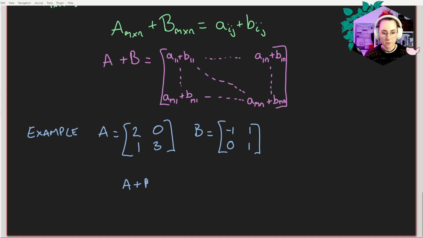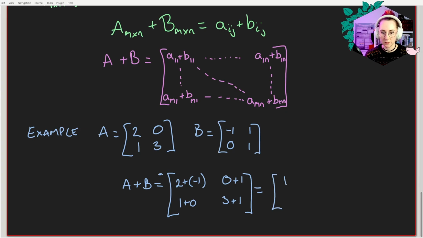Then A plus B is the matrix. So first entry is first entry and first entry, so 2 add the minus 1. Second, same place, so 0 add 1, 1 add 0, and then 3 add 1. So that's 1, 1, 1, 4. And that's the matrix.